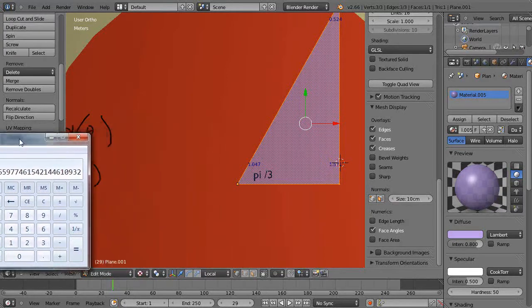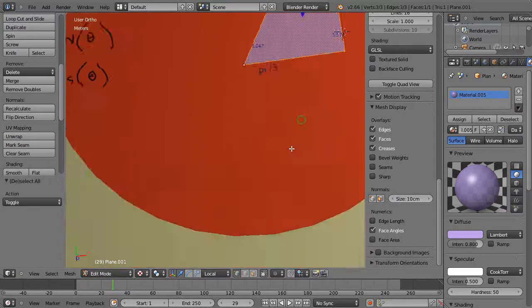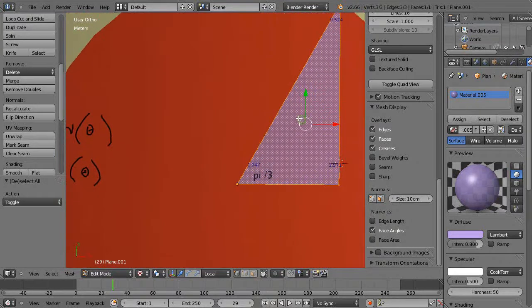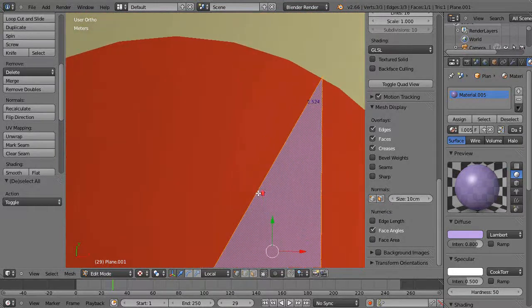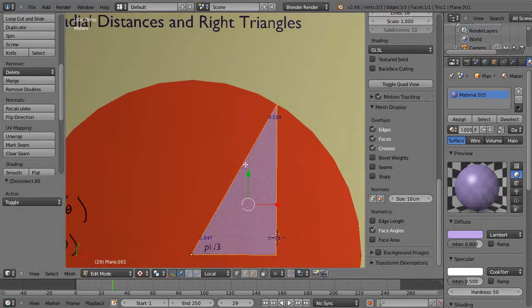That sounds like a 90-degree angle to me, because that's just pi divided by 2. And then this one up here is 0.524 for this angle, which is just going to be the resulting angle. These all three should add up.